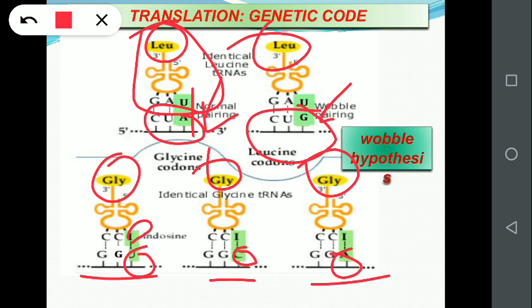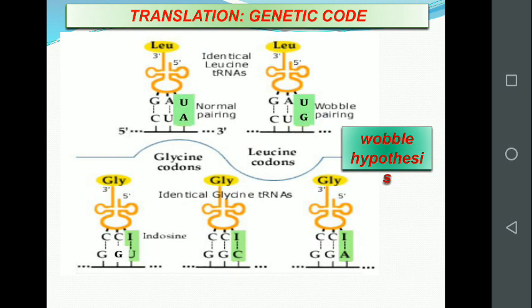These three different codons are known as synonymous codons, which specify only the same amino acid. So that is why they are synonymous codons. So therefore here we require at least 32 different tRNA molecules to specify 61 codons.